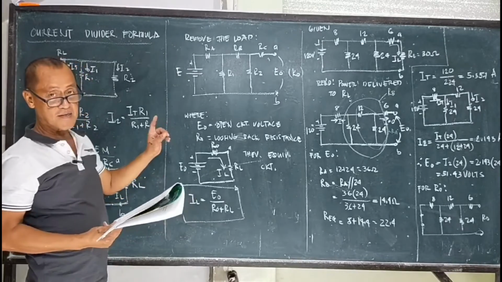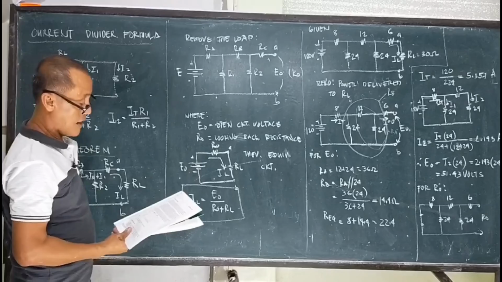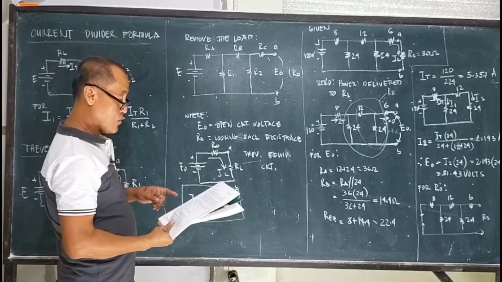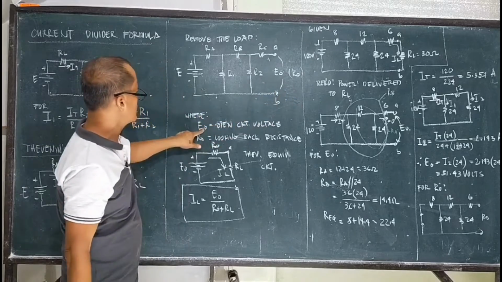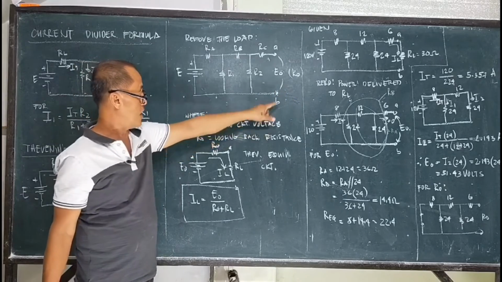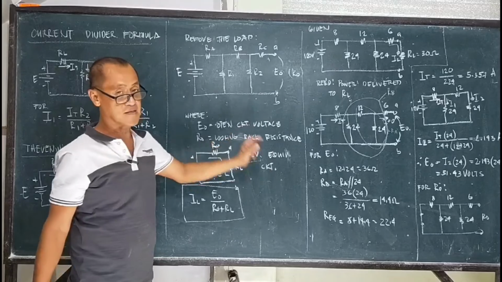And a single resistance equal to R sub O, where E sub O is the open circuit voltage and R sub O is the looking back resistance.